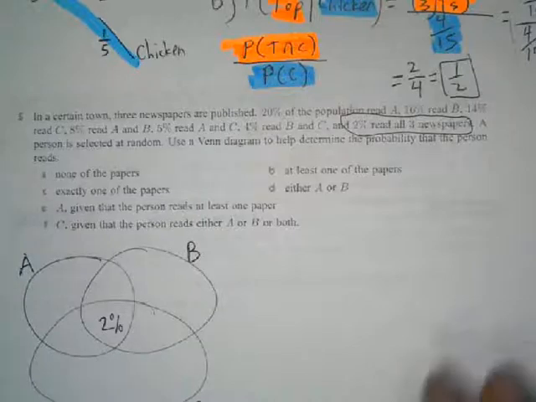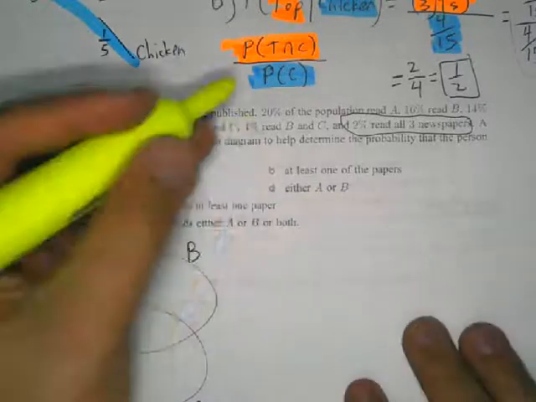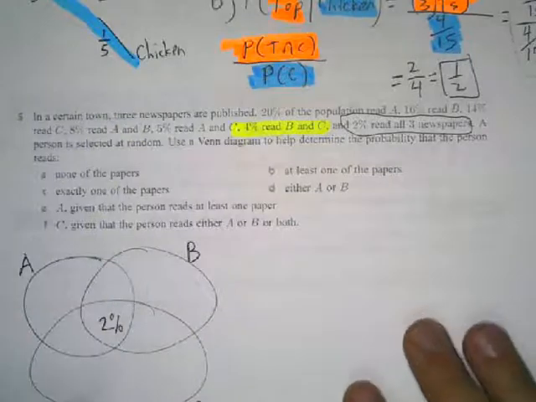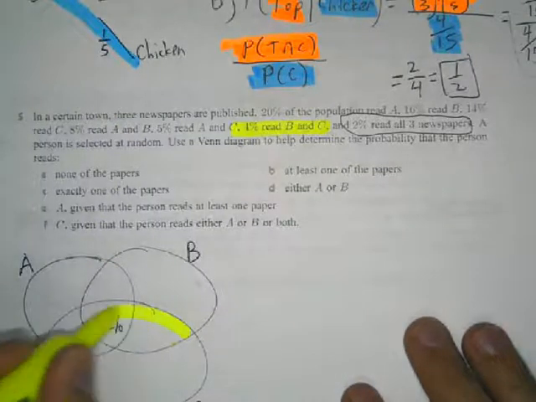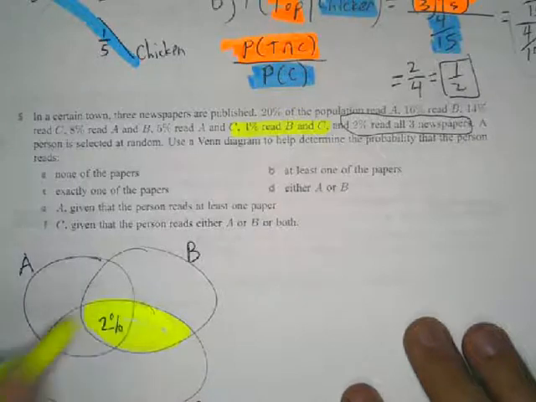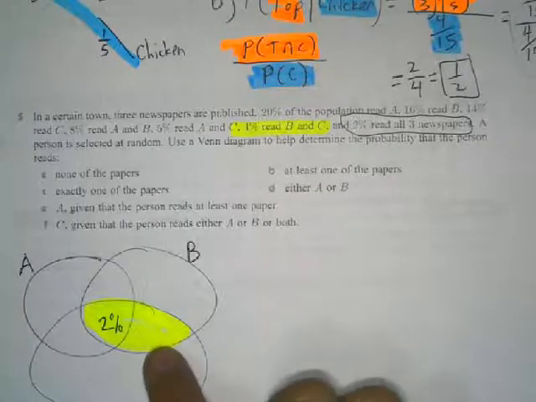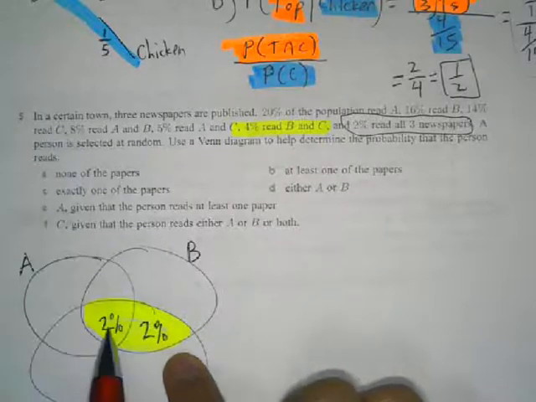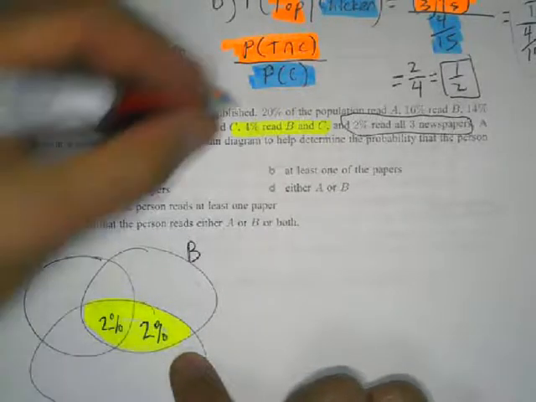Now, I'm going backwards in here. So 4% read B and C. That means this region right here has to be 4%. So I'm going to have to write 2% here because these two have to add up to 4%.